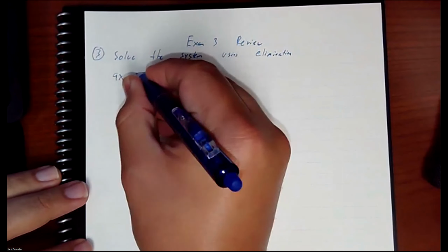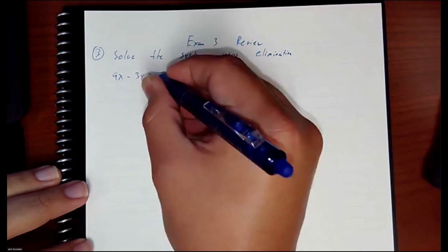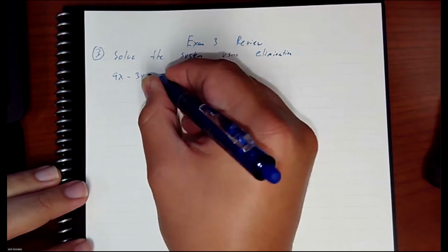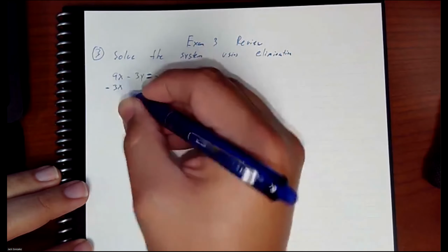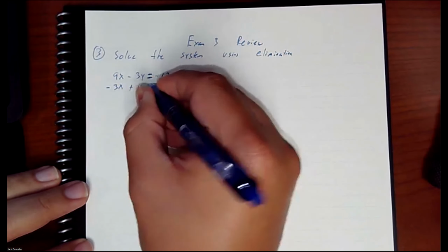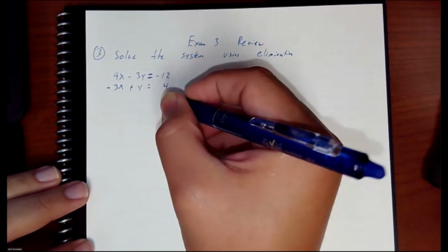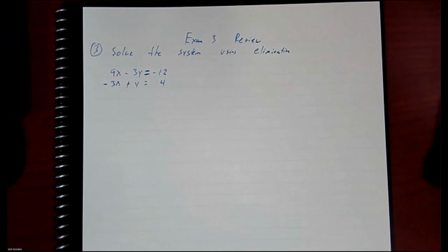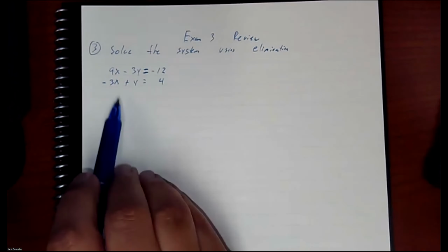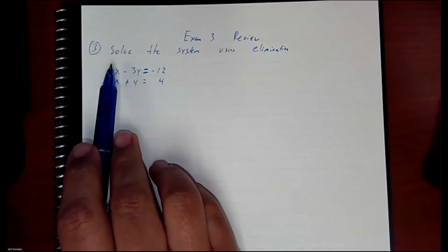So 9x minus 3y equals negative 12, negative 3x plus y equals 4. All right. So the idea is you want to add these kind of like columns.